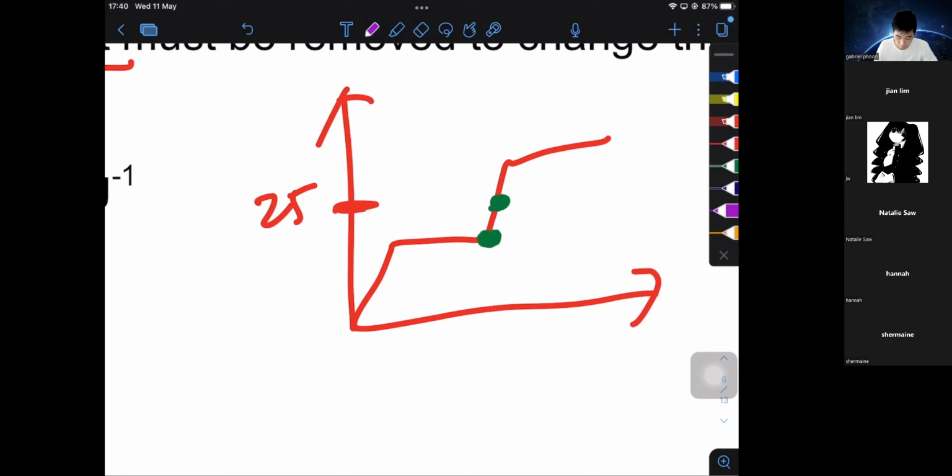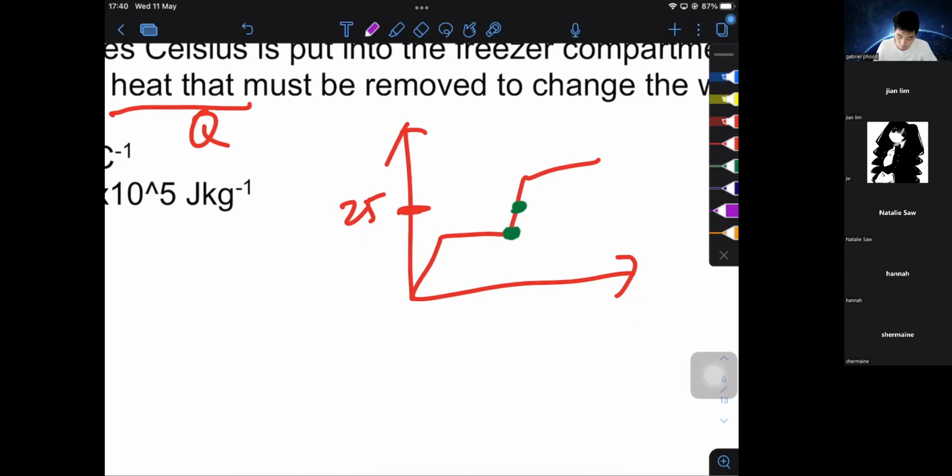Meaning, if I want to find the total amount of energy, I have to find this energy here, which is from Q equals mcθ, and I have to find this energy here to finally reach this point, because this is essentially where it turns into a solid, completely into ice, which is equivalent to Q equals mLf here, guys.